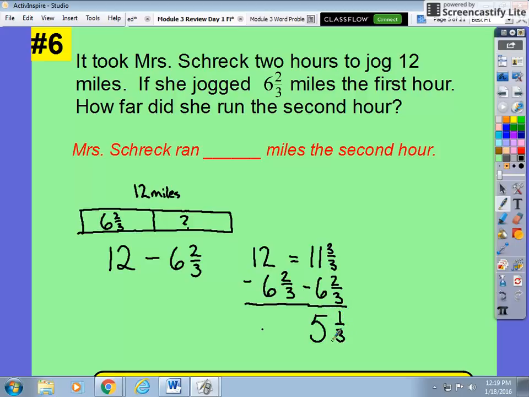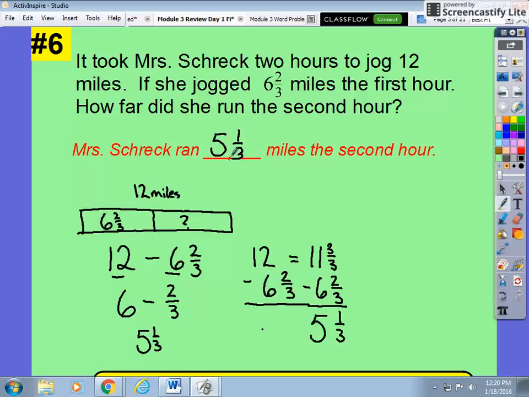For those of you that are doing your mental math strategy, if you take a look over here, we could do 12 minus 6 and say we have 6, but we still need to subtract that 2/3. We can decompose the 6 and we would then end up with 5 1/3. So she ran 5 1/3 miles the second hour.